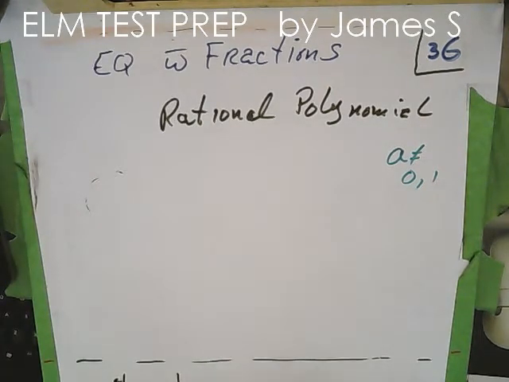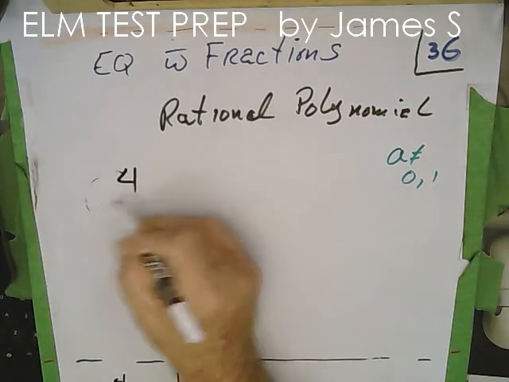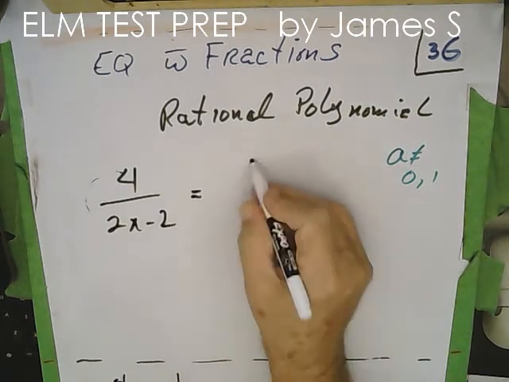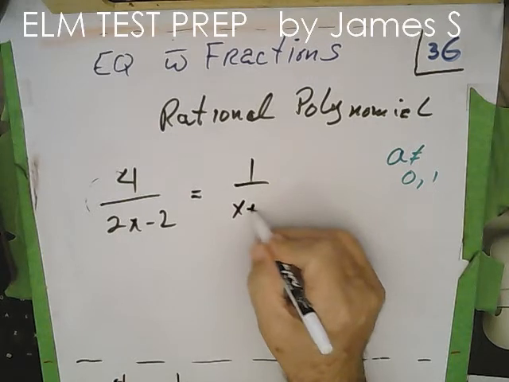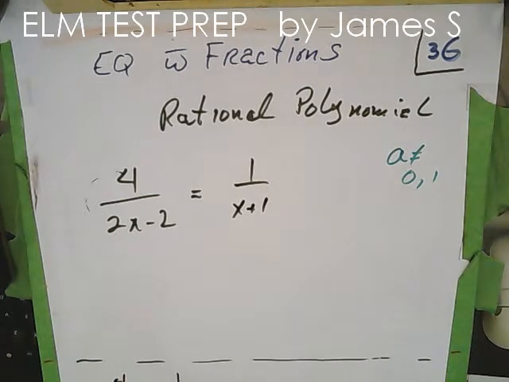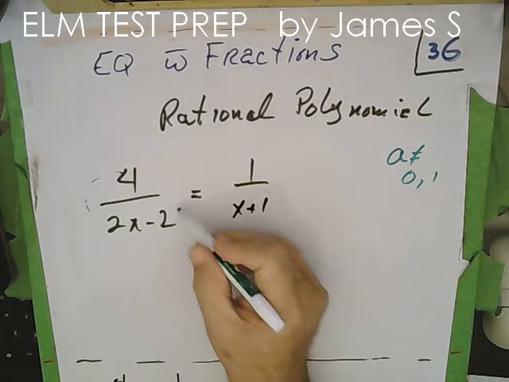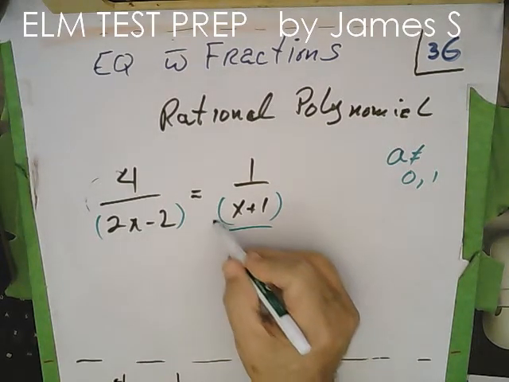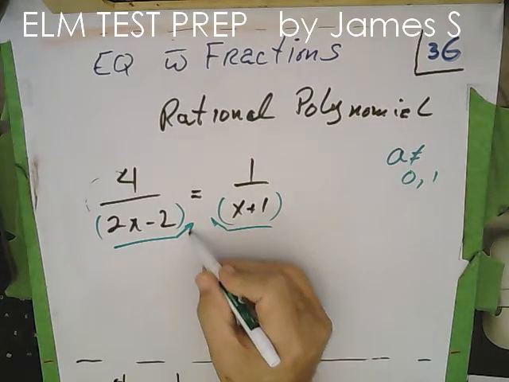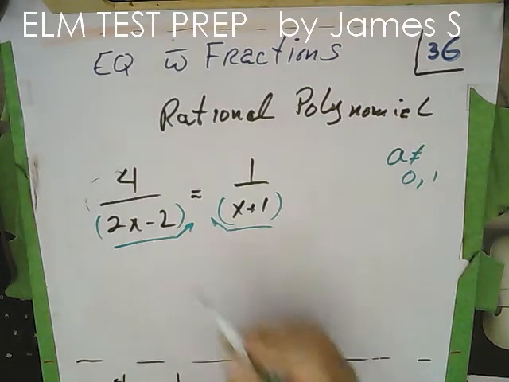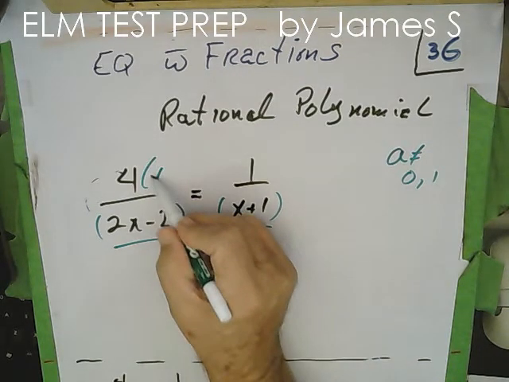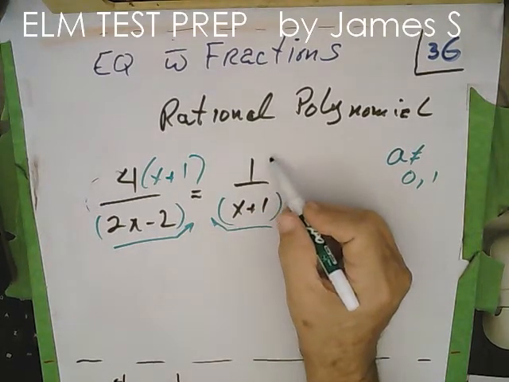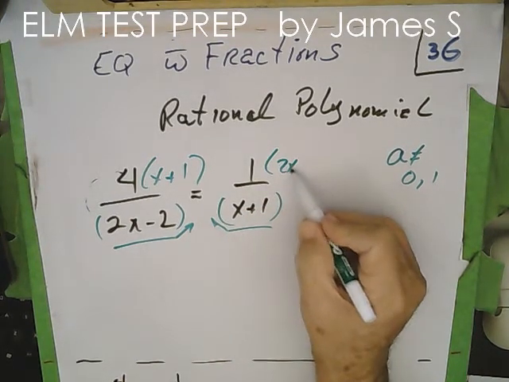Alright, we're going to look at a little more complicated problem. 4 over 2x minus 2 equals 1 over x plus 1. Again, we're going to use this concept of taking the denominator to the other side, cross multiply. So I'm going to end up with 4 times x plus 1 over here, and 1 times 2x minus 2.